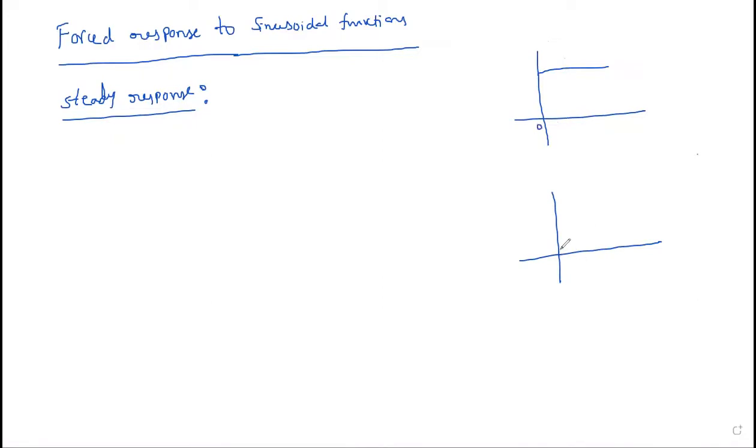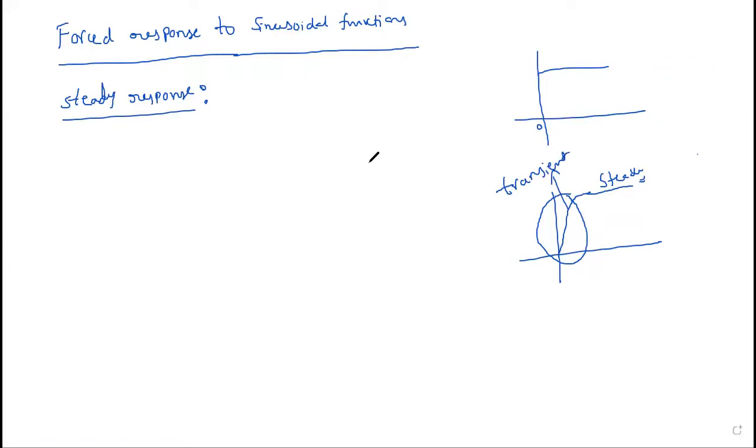It will slowly increase and go to the final value. So initially the response will vary with respect to time. After some time it will settle. That state is called steady state. The part where the response is changing is called transient response.